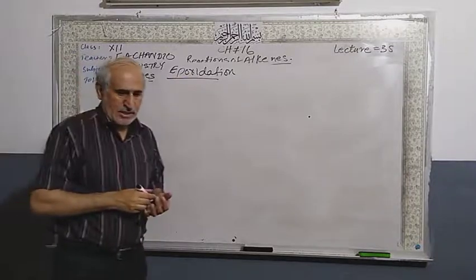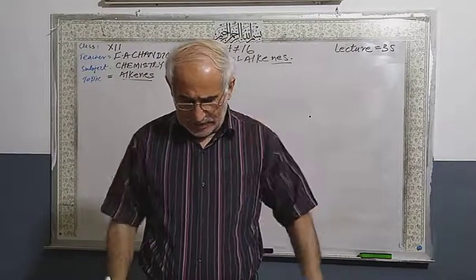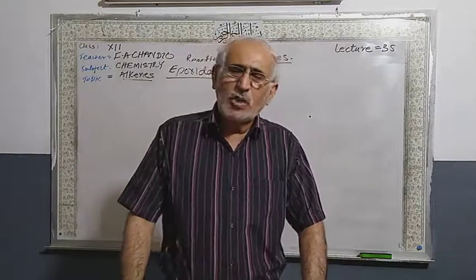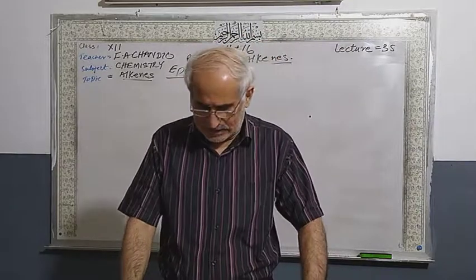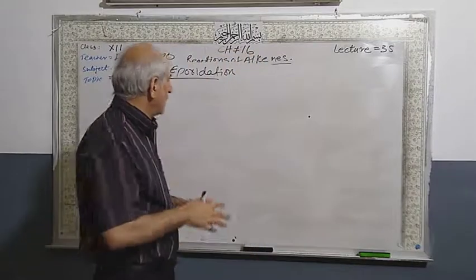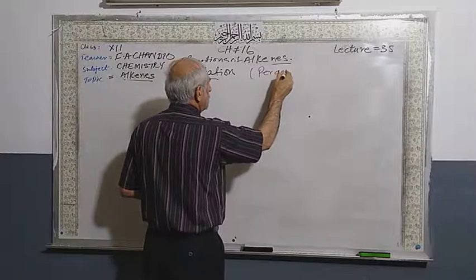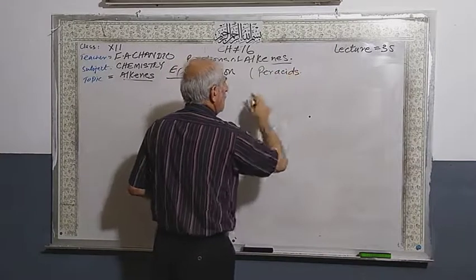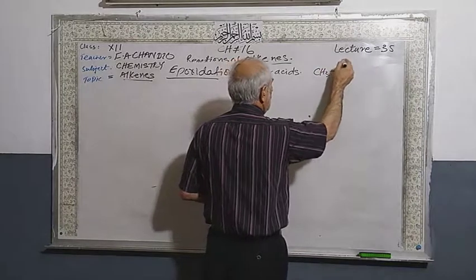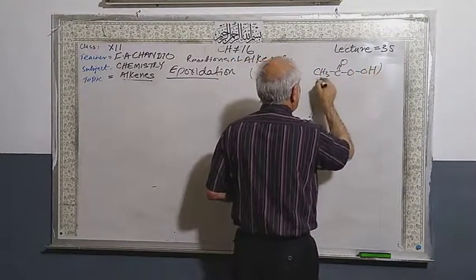Epoxidation and epoxide. Epoxidation is the formation of an epoxide when you add per acids. This is a per acid, peracetic acid.